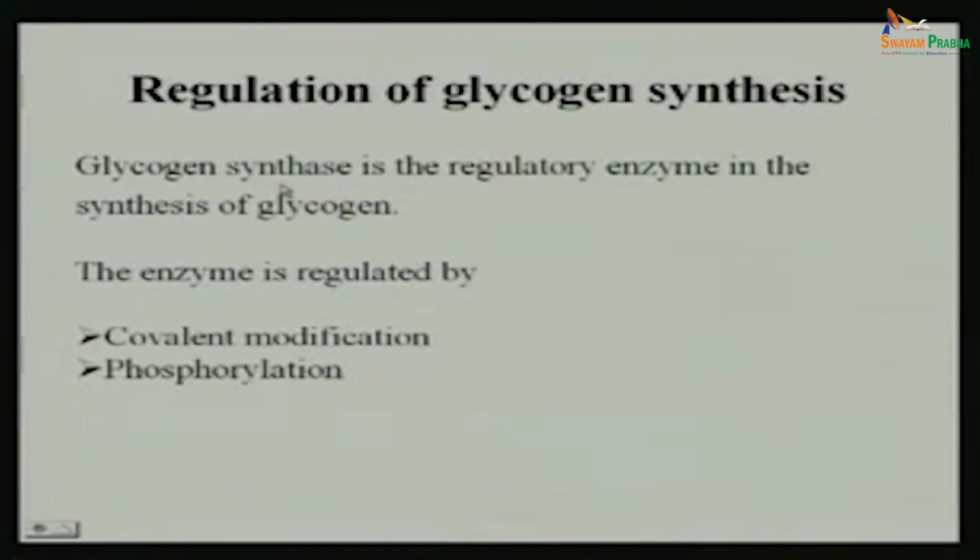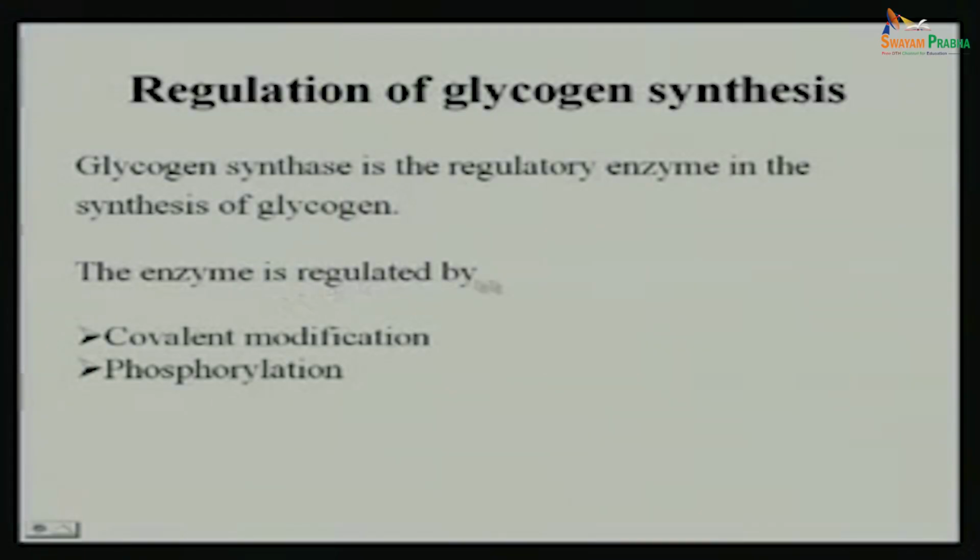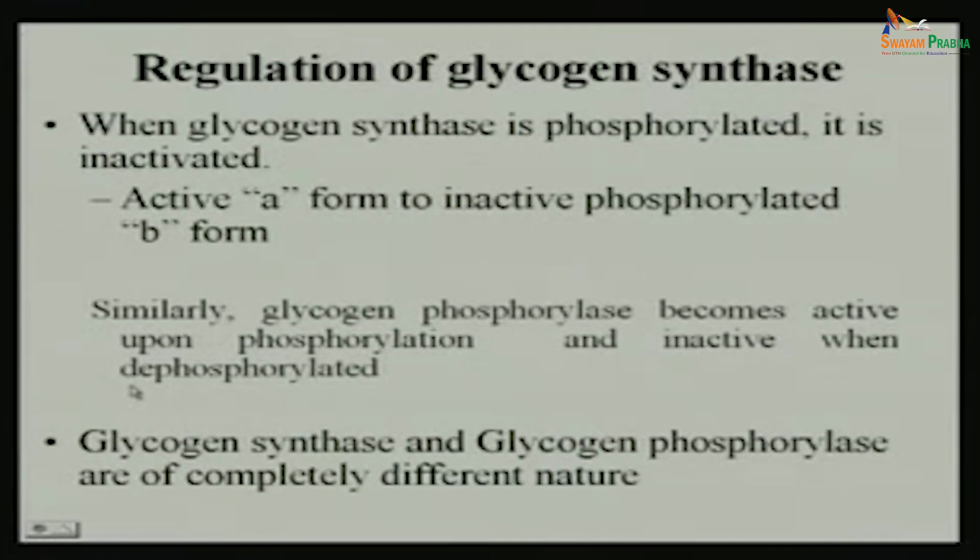Now, glycogen synthase is the regulatory enzyme in the synthesis of glycogen. That means in glycogen synthesis, this enzyme plays a significant role. The enzyme is regulated by covalent modification and phosphorylation. If we see the regulation of glycogen synthase, when it is phosphorylated, it is inactivated.